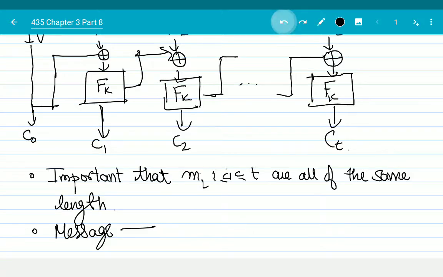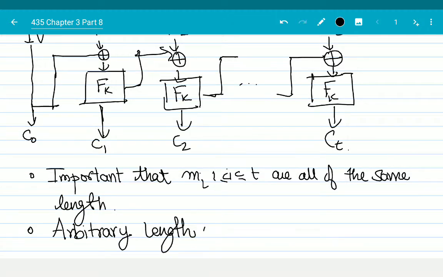The question we first want to answer is what to do with arbitrary length messages. The answer is padding.